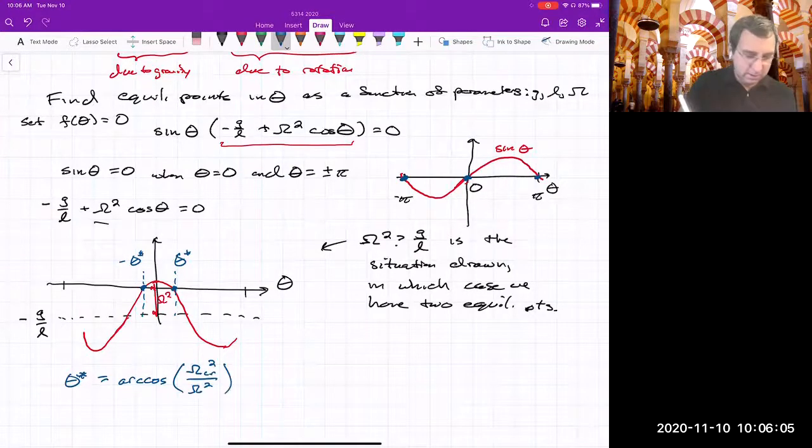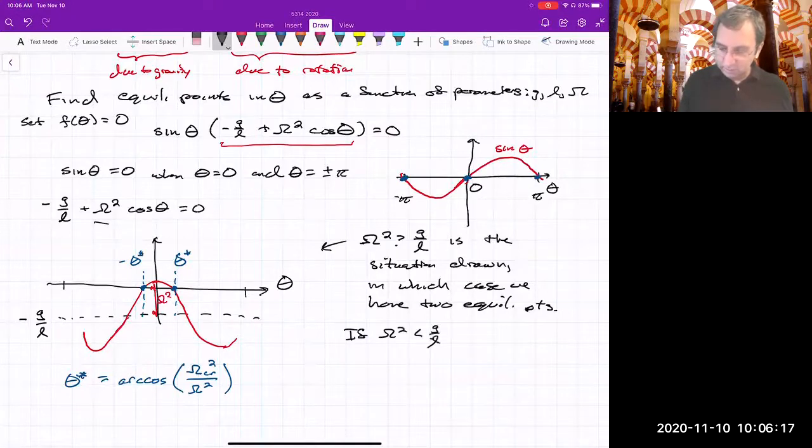Why did I write omega critical? If omega squared is less than G over L, then no new equilibrium points.